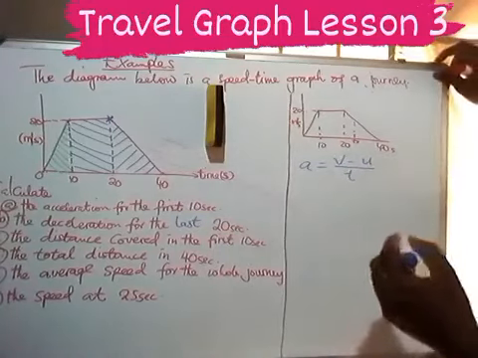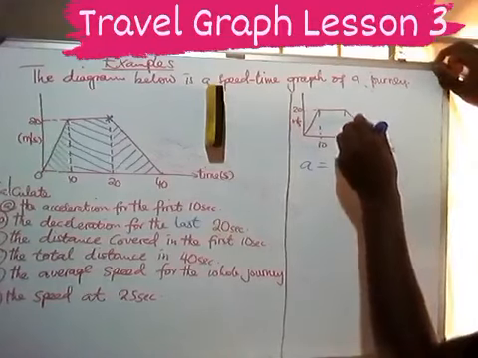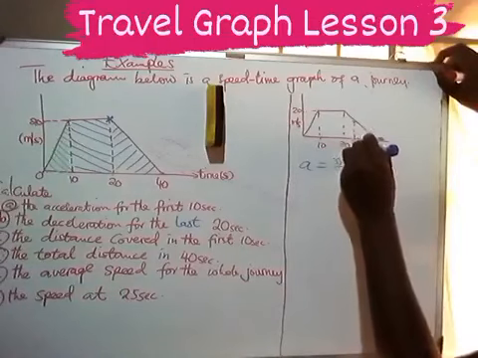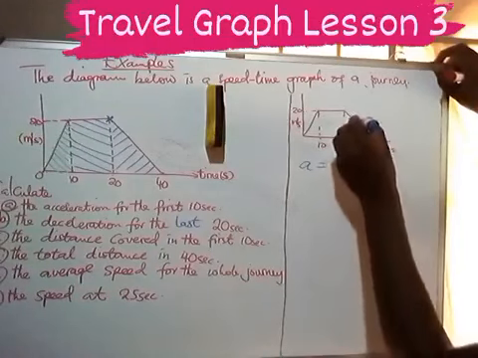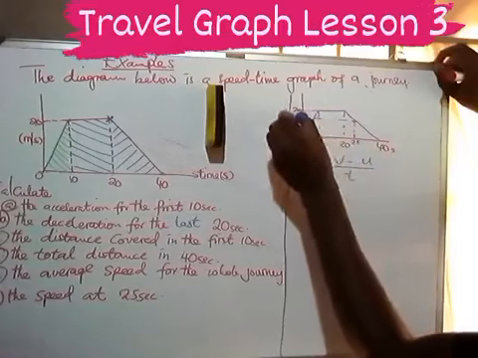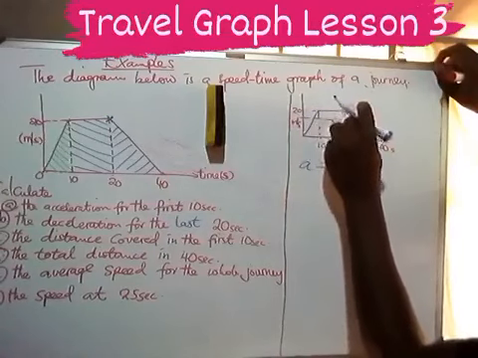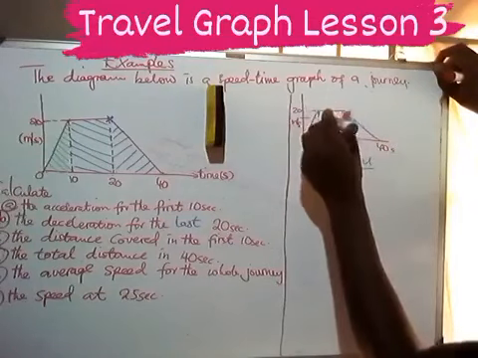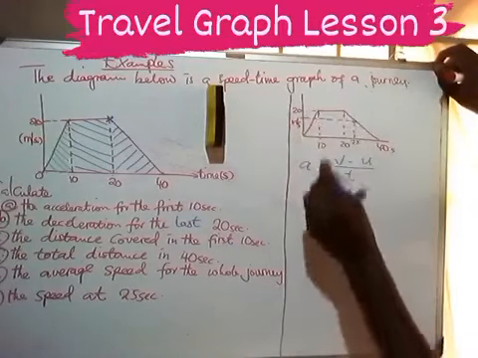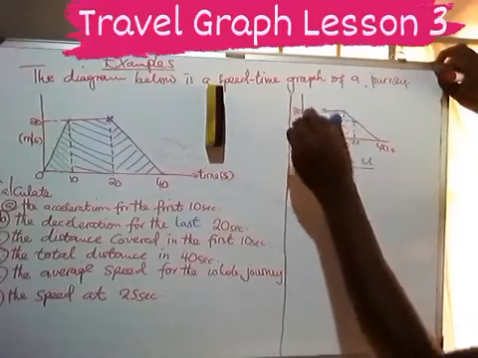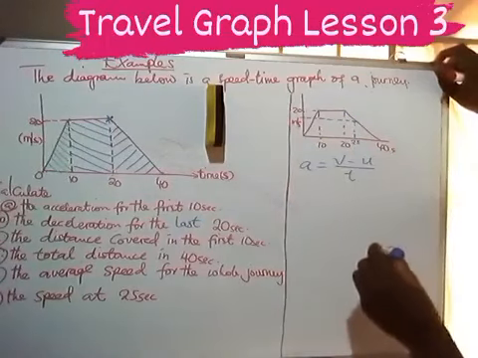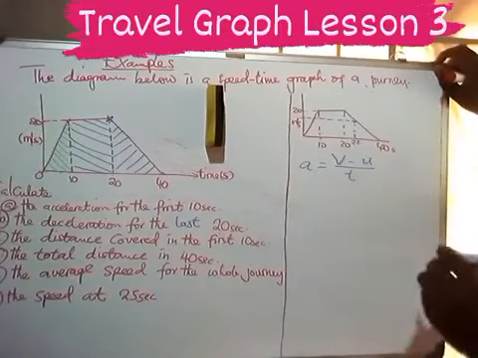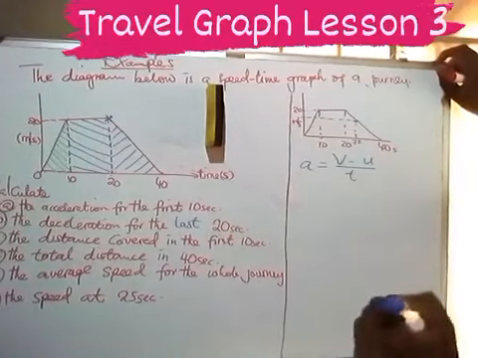Now, we are finding the speed at this point here, where it is 25 seconds. The speed is always on the y-axis. So what do we do? We are going to use the same formula, but now we are finding this, which is the velocity, which is the speed.